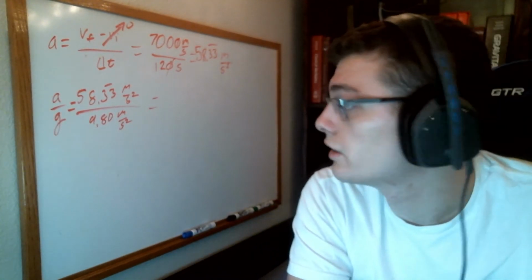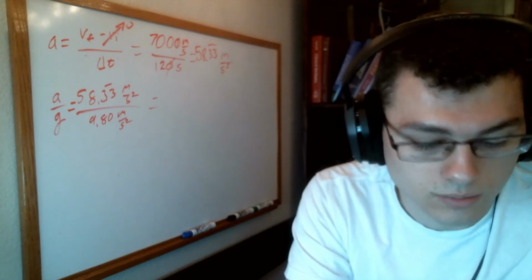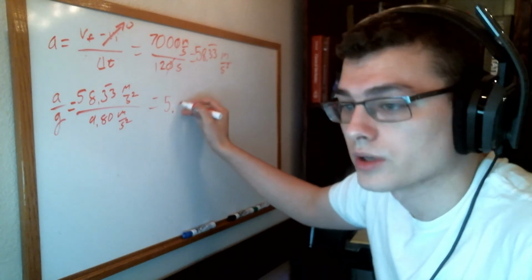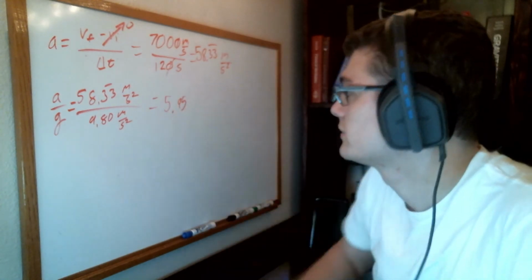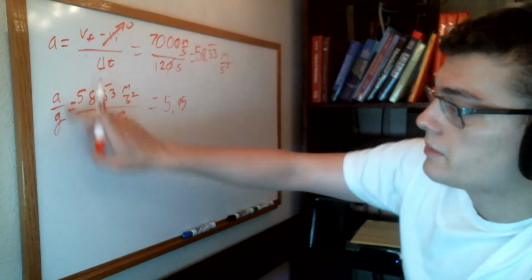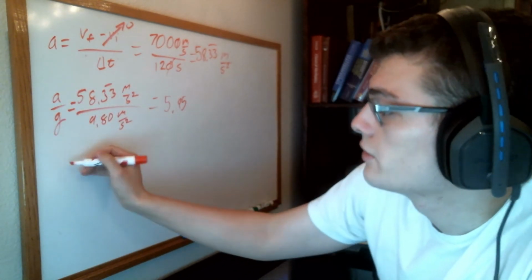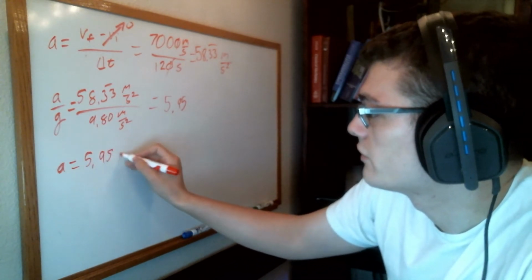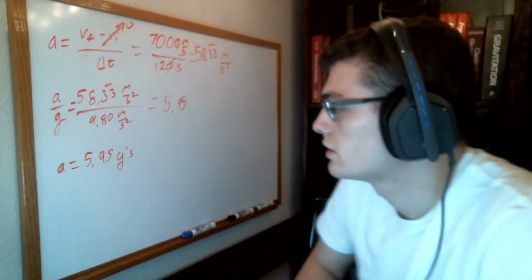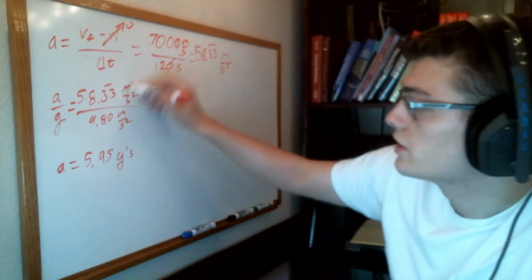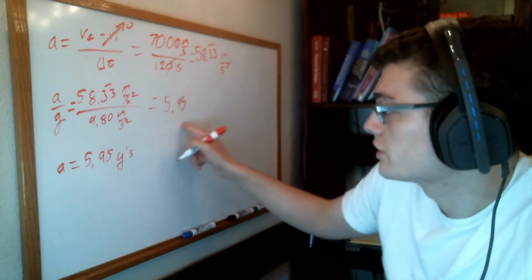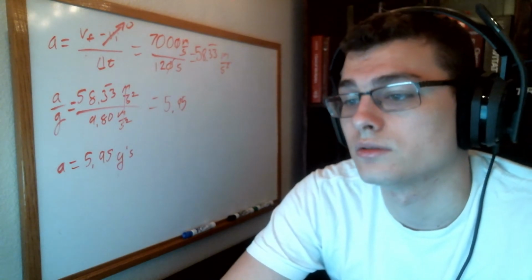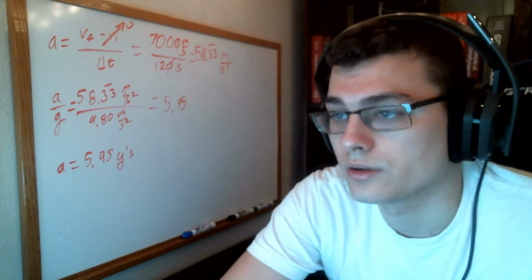And so we have divided by 9.8. And this is going to give us 5.95. And so this is just how many times you can divide a by g. So now we can say that the acceleration in g's is going to be 5.95 g's. And we see that our units cancel out here, so this is unitless, because this is just a ratio between two accelerations. Okay, so that solves that problem real quick.